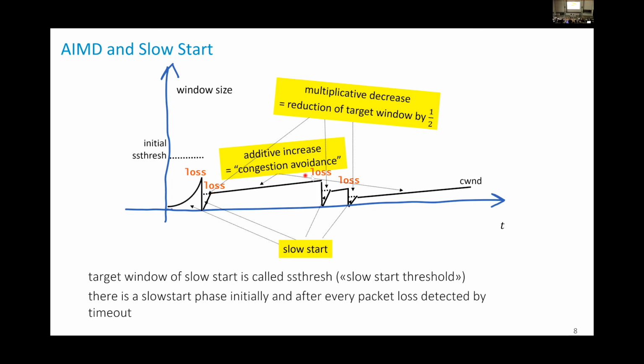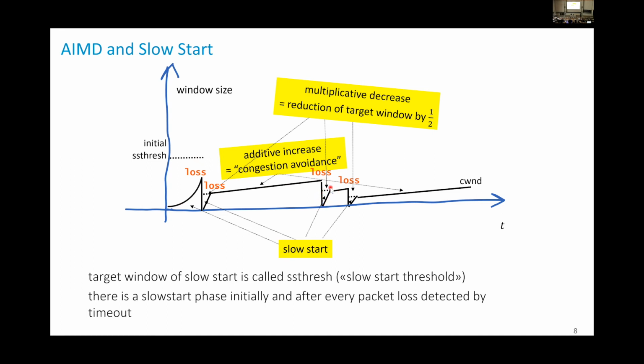And here we have this almost linear increase of the window size that increases slowly, almost linearly, as long as we receive acknowledgements. This is called congestion avoidance in TCP parlance. Here is a loss that's detected by timeout. So we see that we divide the window by 2, but we don't immediately implement the window.